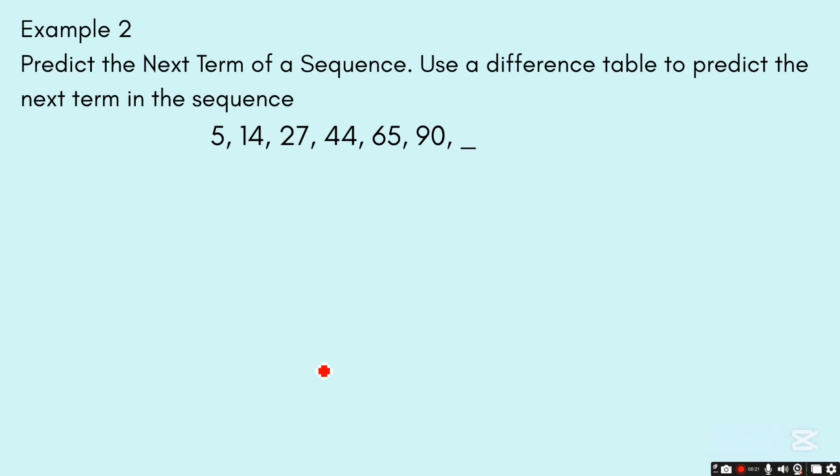So we will just repeat what we did in example number 1. So let's find the first difference. 14 minus 5 is equal to 9. 27 minus 14 is equal to 13.